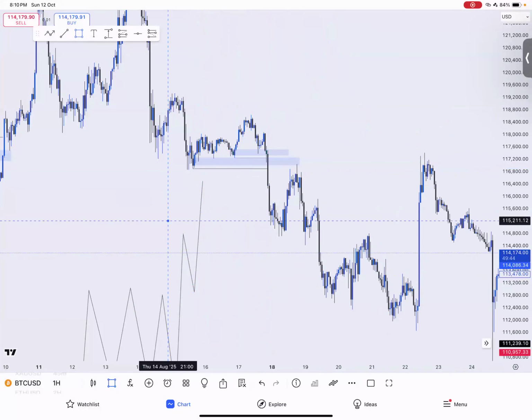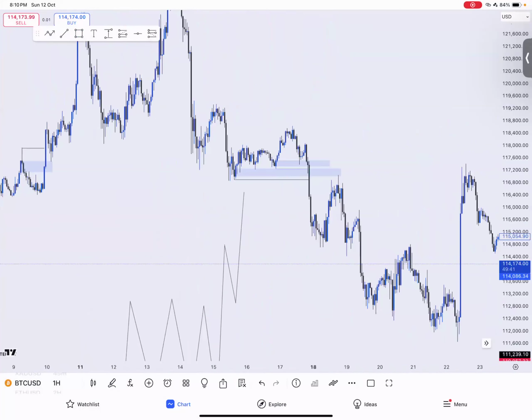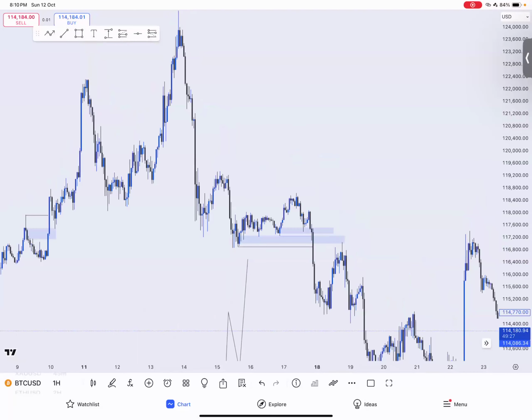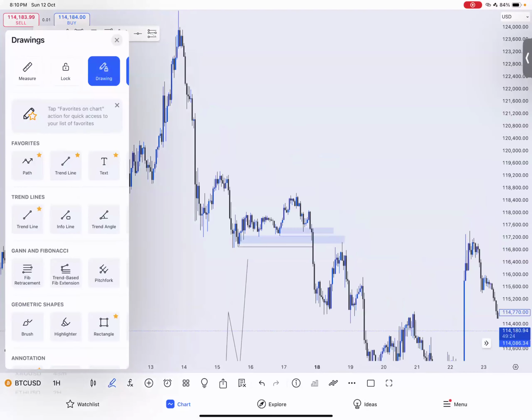And how you use breaker blocks is that on a retest to that zone, a retest to that breaker, you use the body of that zone to continue trading in the new direction that the market gave you, either a break of structure or a market structure shift. So every zone that price takes out, the body of that zone becomes a breaker block.